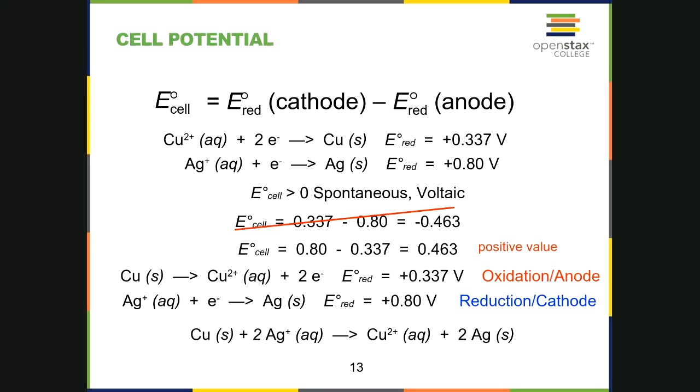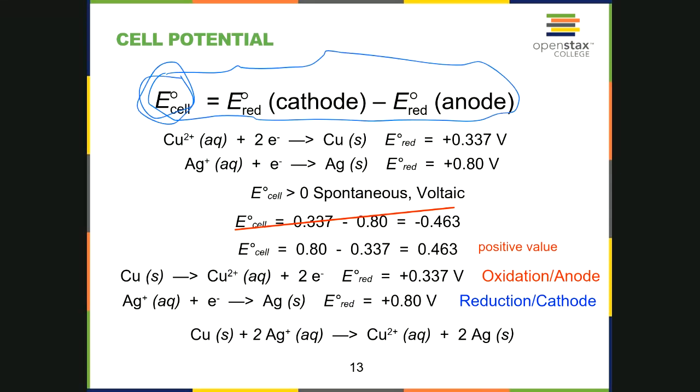We were using this equation in order to get the potential of the cell, but also in that process we're identifying what's the cathode and what is the anode, because we were trying to arrange these so that we get a positive value.